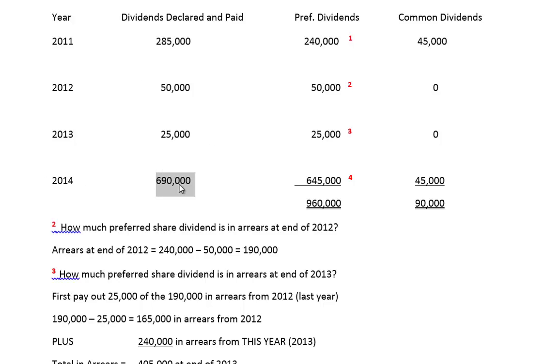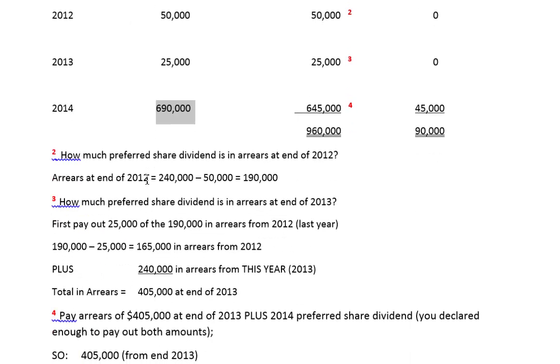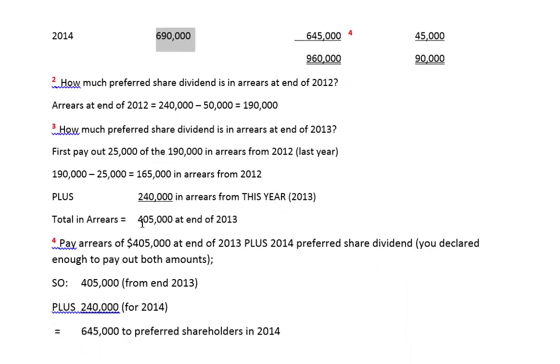So how much of that $690,000 went to the cumulative preferred shareholders? Let's do a calculation. First of all, you already know that $405,000 of that $690,000 first went to pay off the arrearages.